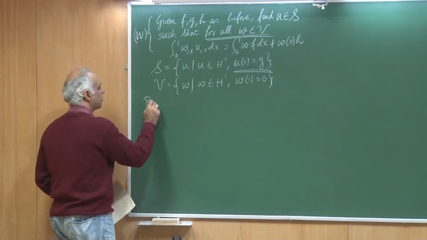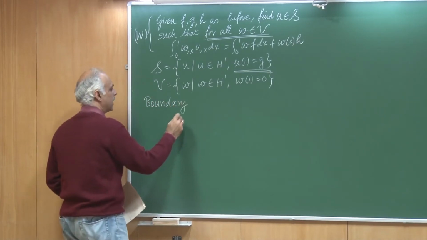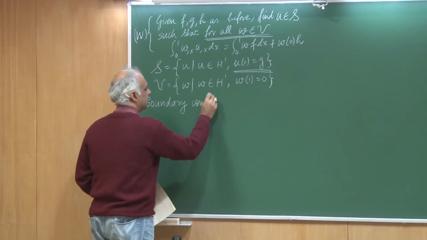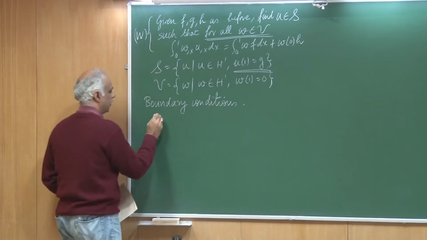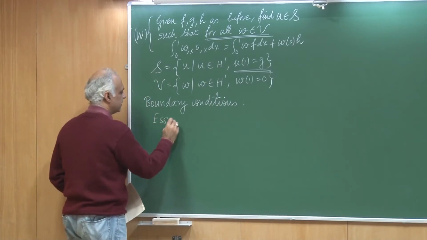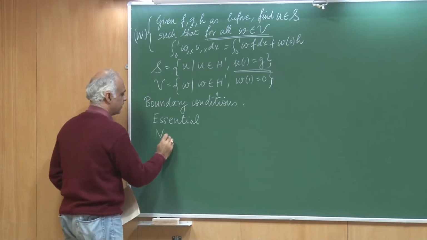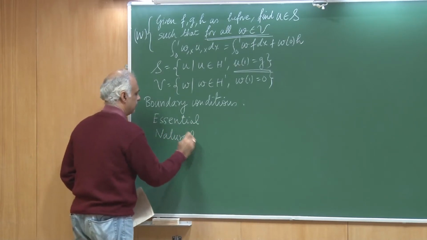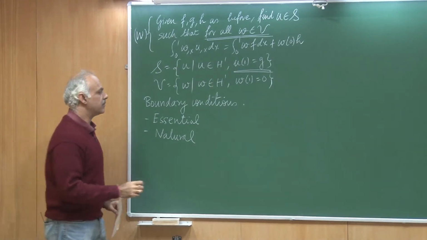So, we would like to classify the boundary conditions in two types. One is the essential and the other is natural. These are from the perspective of the weak form.